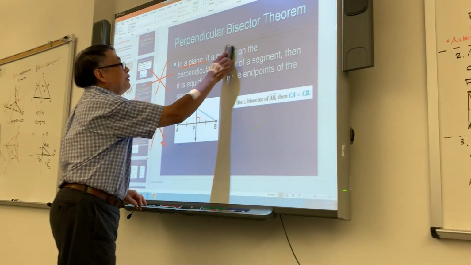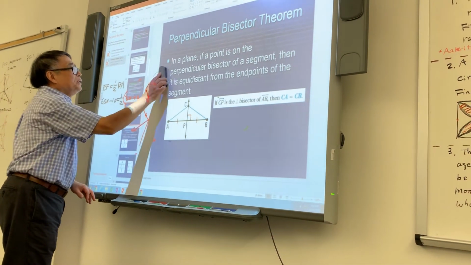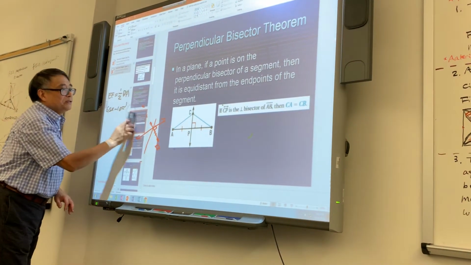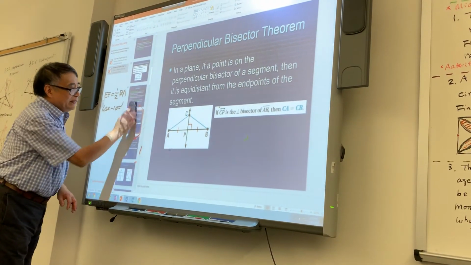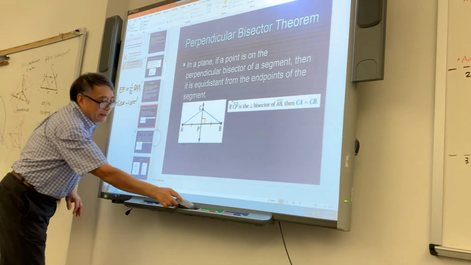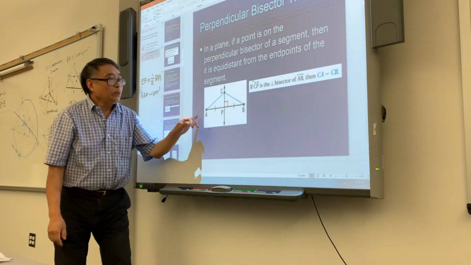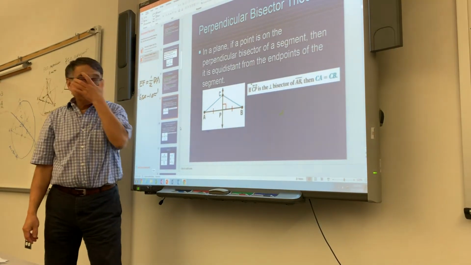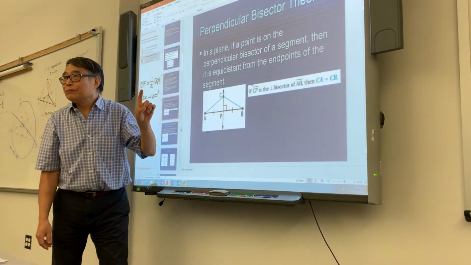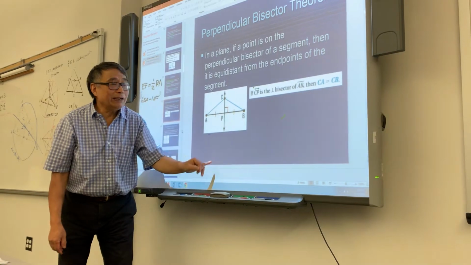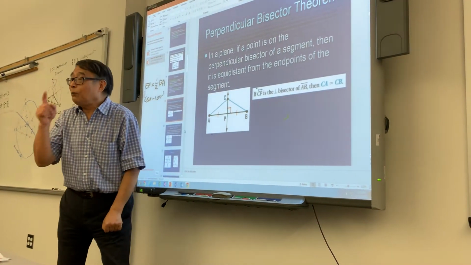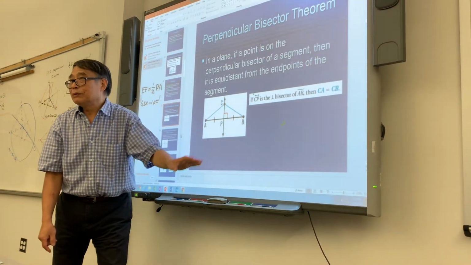perpendicular bisector theorem. This theorem is so easy, but how to use it is sometimes not that easy. The idea is we have segment AB, and P is the midpoint, and this line goes through P and is perpendicular to AB.